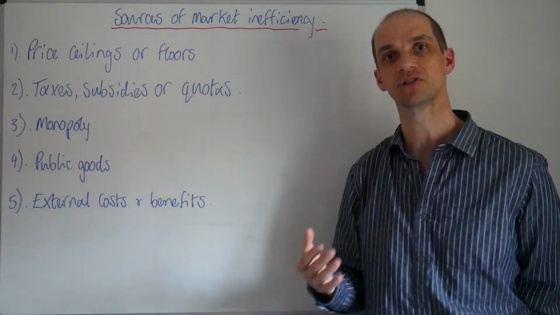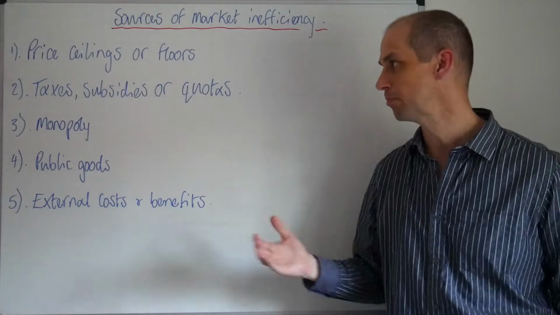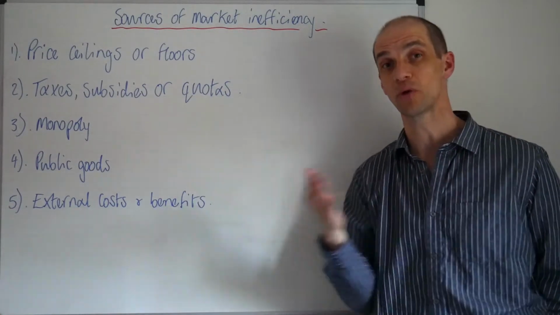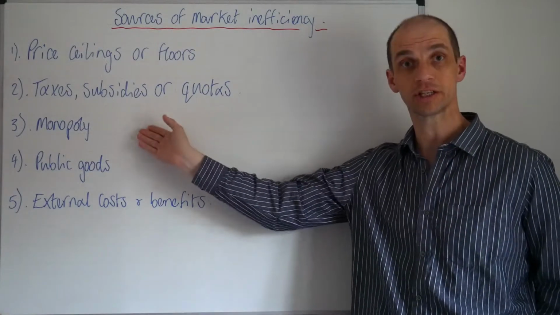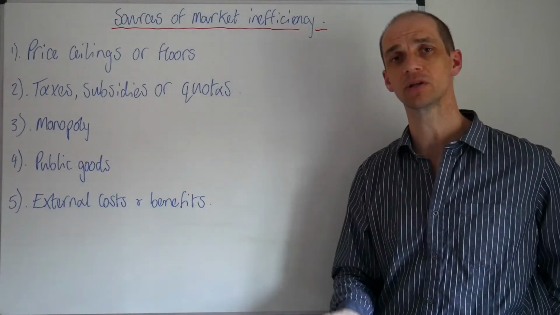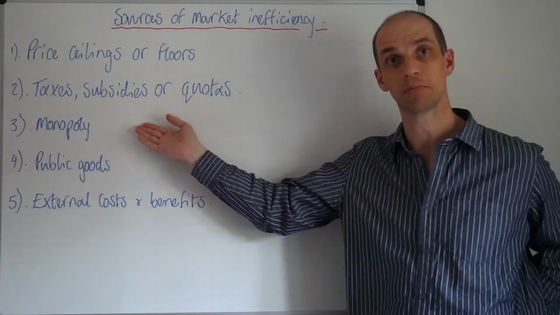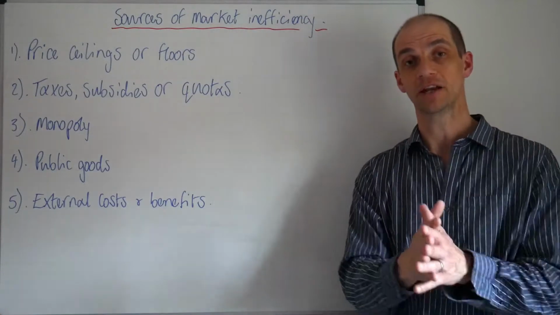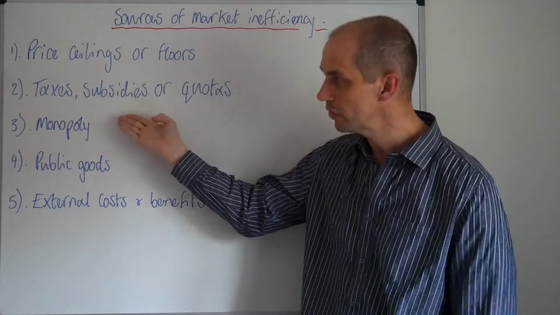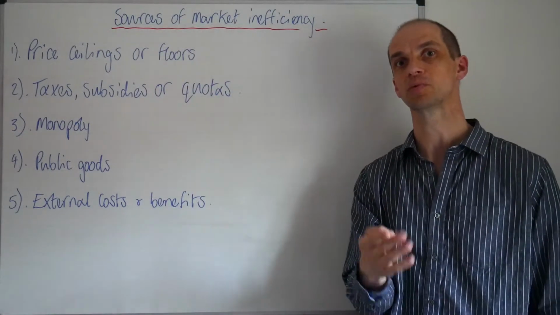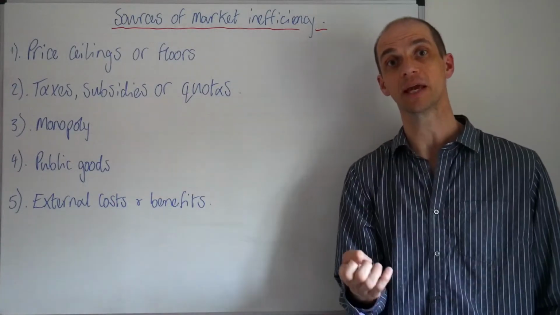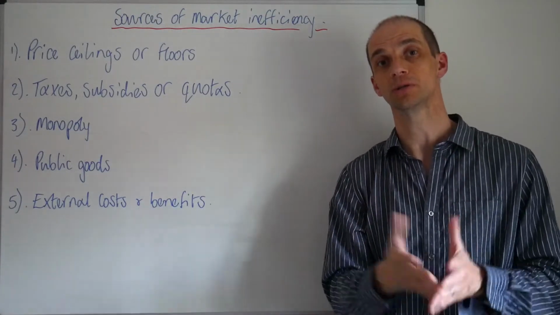So monopoly firms tend to be very unpopular because of the way in which they actively restrict output to increase the price level and really exploit consumers by increasing producer surplus at the expense of the consumer and expense of society overall. Now of course there aren't too many examples of pure monopolies where you have just one firm dominating a marketplace, but they can take place within local regions perhaps.